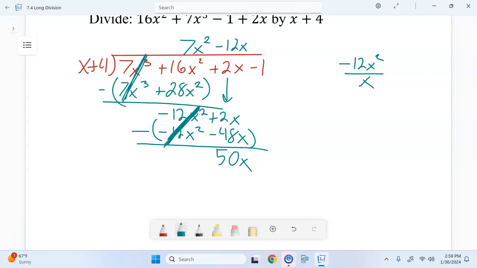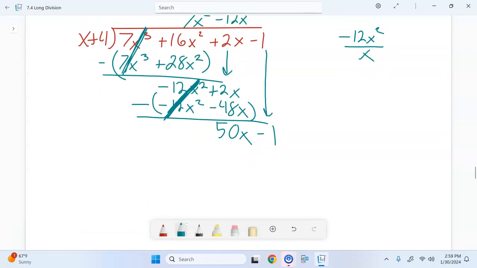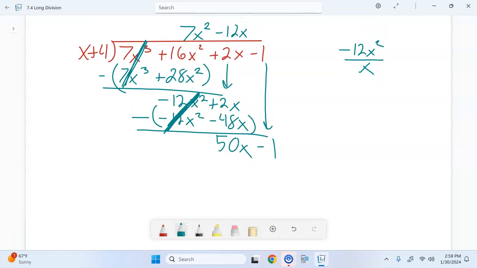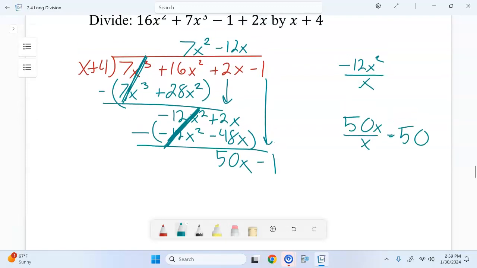All right? What's after the 50x? Bring down the 1. So we just had to do it one extra time. Now what? 50x divided by x. Do it again. Oh, we get 50 here.